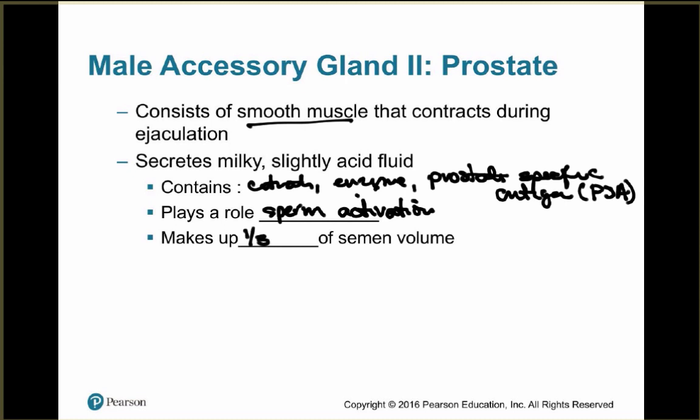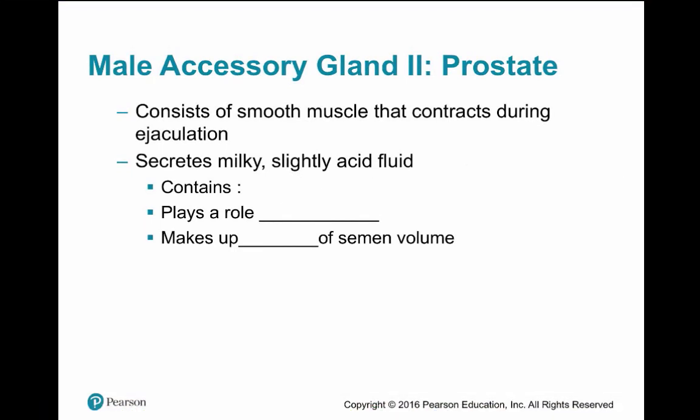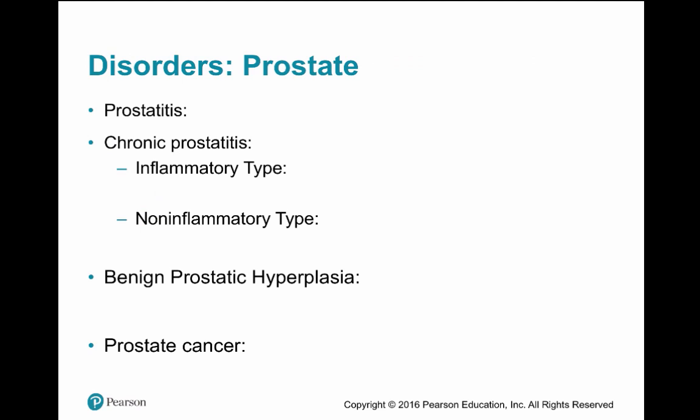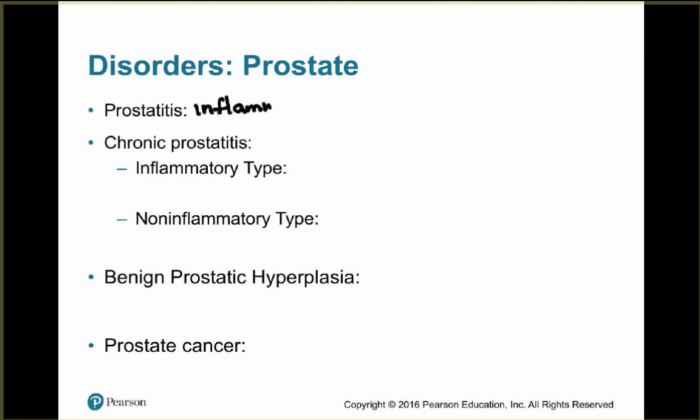Now, there are homeostatic imbalances associated with the prostate gland. So let's talk about a few of them really quick. And some of you guys may end up suffering from this. I know I've had family members have these problems. So prostatitis is something that's actually pretty common. And this is overall an inflammatory disorder.